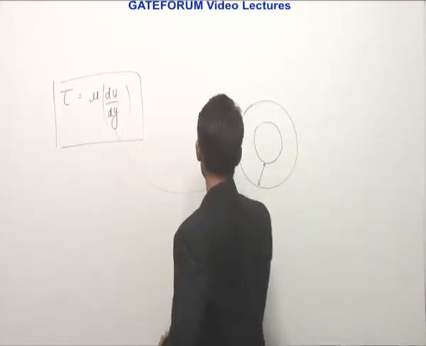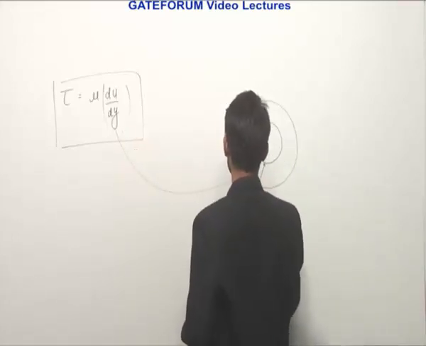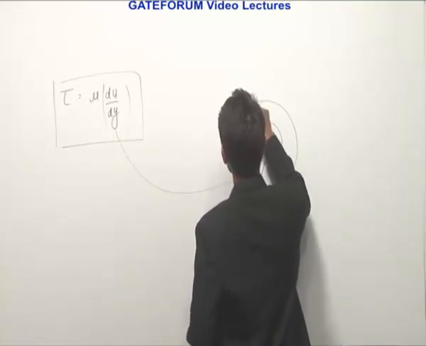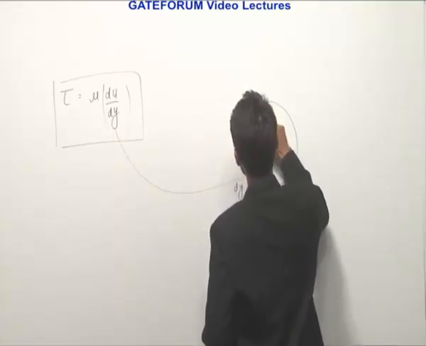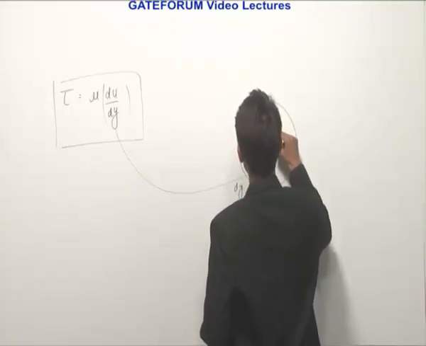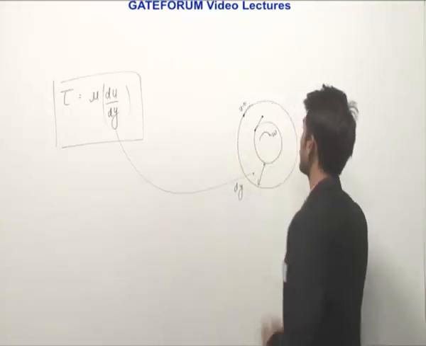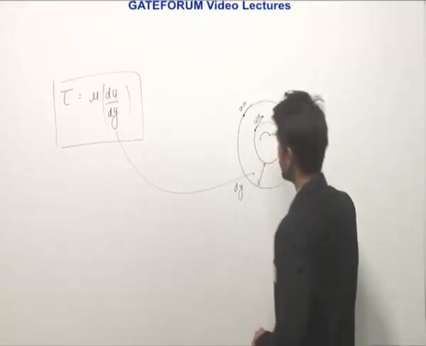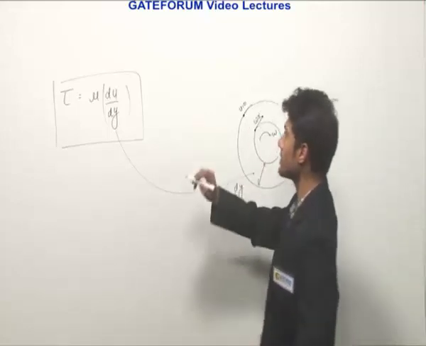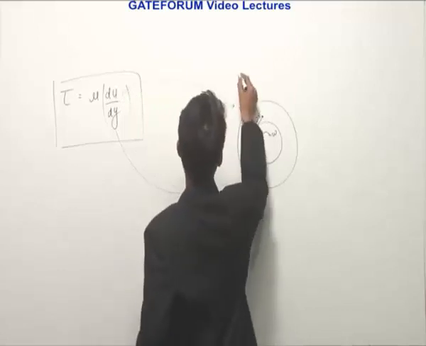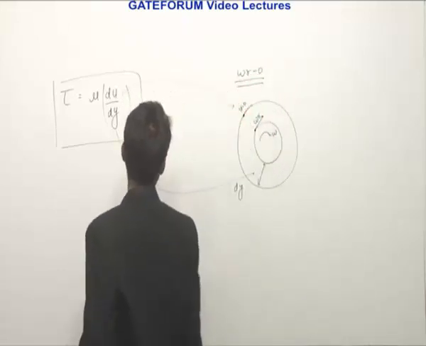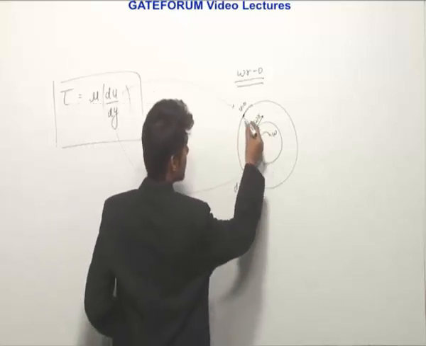This thickness is nothing but dy, so we can write it as dy. Now the fluid over here will be at rest. The fluid here will be at velocity, and that velocity will be decided by the speed of this shaft, and this speed can be written as omega into r. So the variation can be written as omega r minus 0, if I am assuming linear variation.